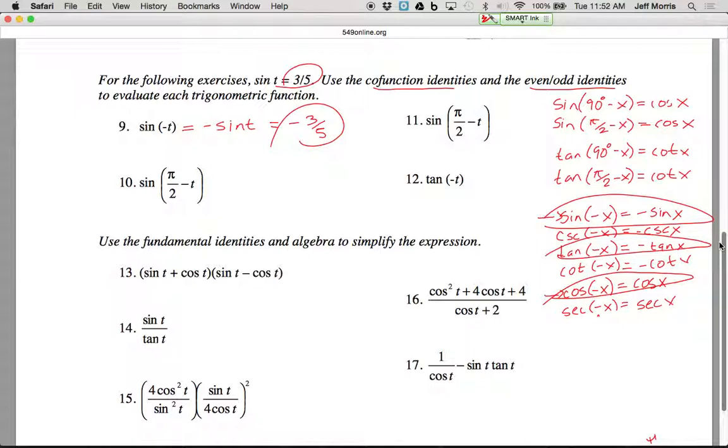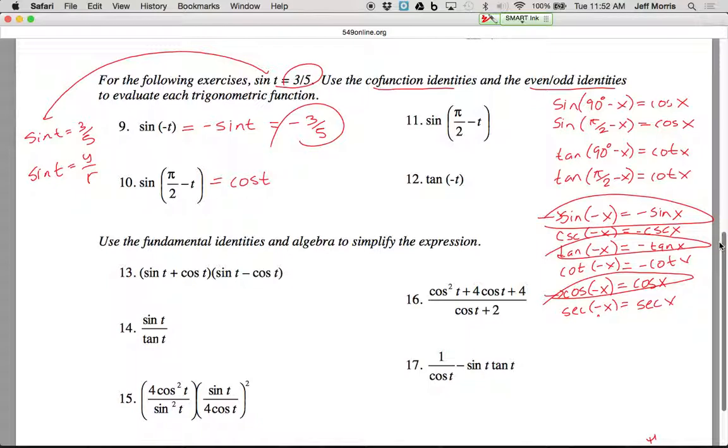Watch 9 and 10. Since they're the same, we'll just do one if you're okay with that. All right. This right here is your cofunction, so this equals cosine t. Agreed? All right, that part, easy. Next part, just as easy, I think. If you remember, sine t, in the directions they said is 3/5, but you need to remember sine was defined as y over r.